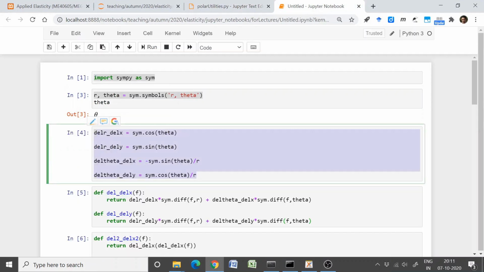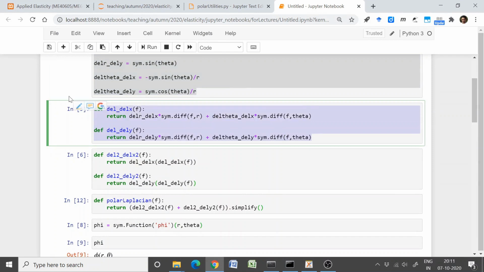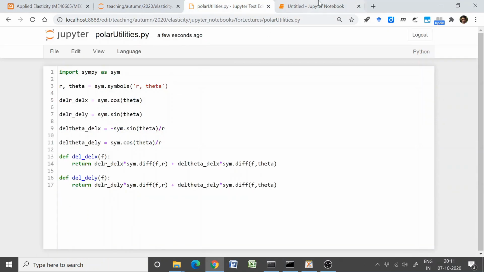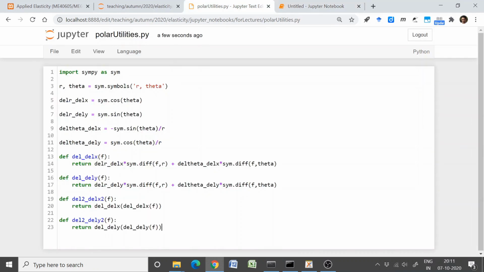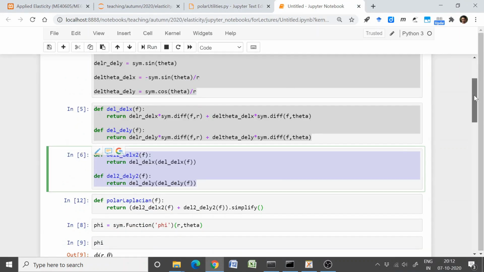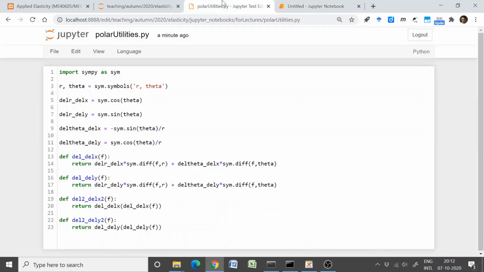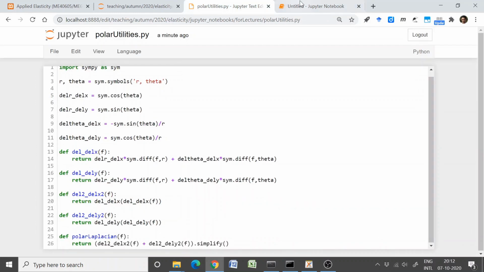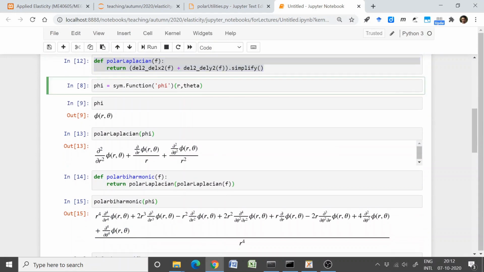And you'll see in a moment the great convenience this will afford us as we open new files later on. So everything that we had defined, we are going to copy. Please note that I don't need to copy this pi function, because all my definitions are in terms of this generic f function, so let it be like that.